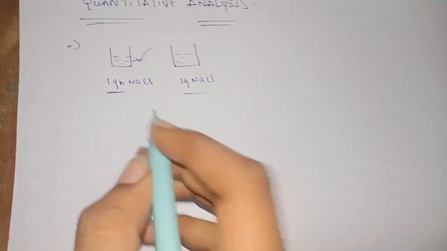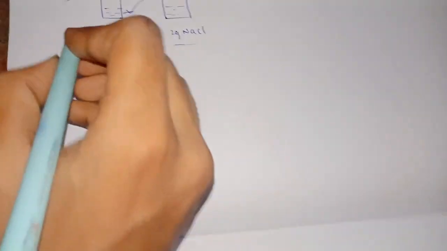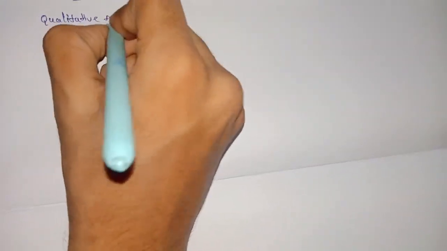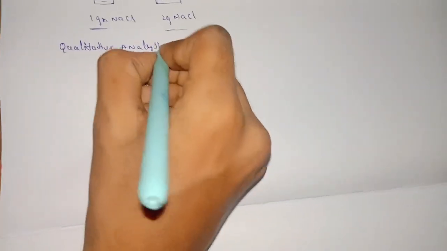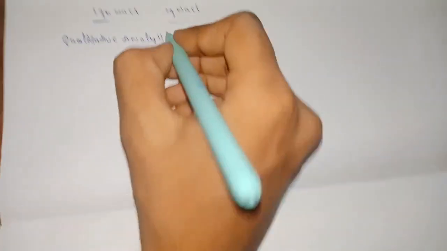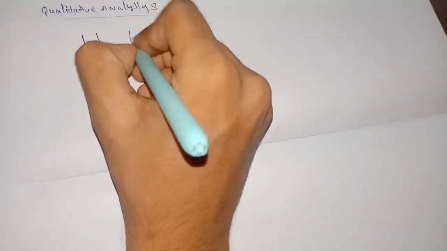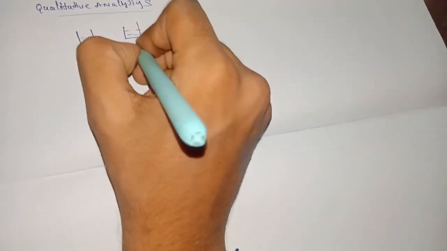So we are going to know what qualitative analysis is, briefly. Qualitative analysis means simply to know the quality of the given solution. For example, this is NaCl, that is MgCl.